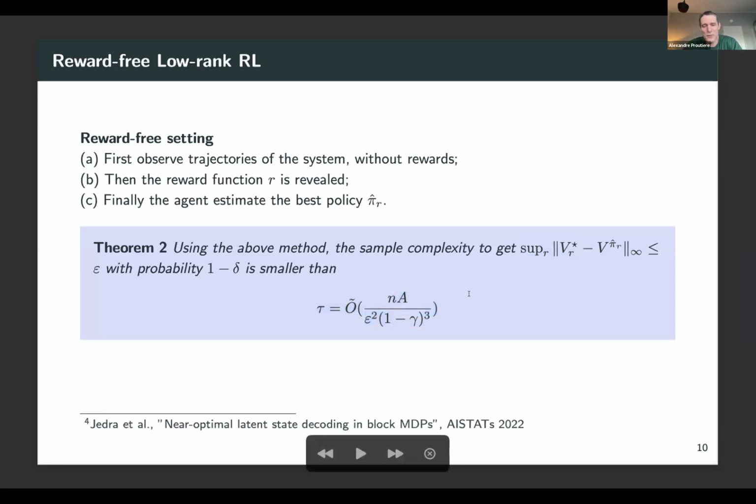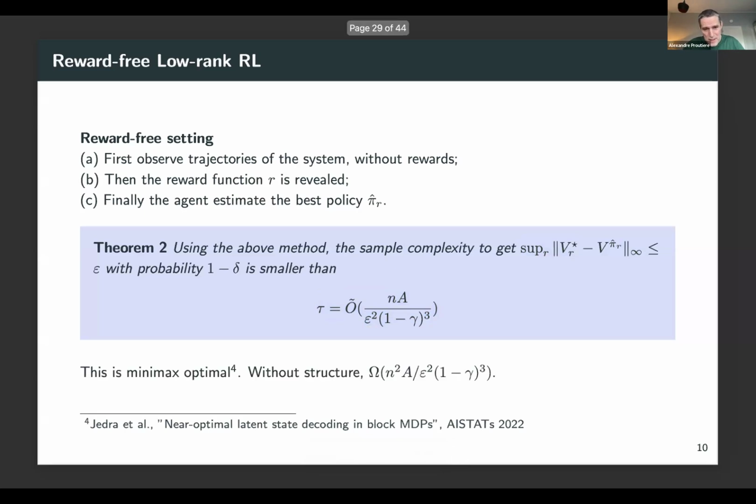So N is the number of states, A is the number of actions, and so on, okay? And we actually know that this is minimax optimal from a result that we published earlier.